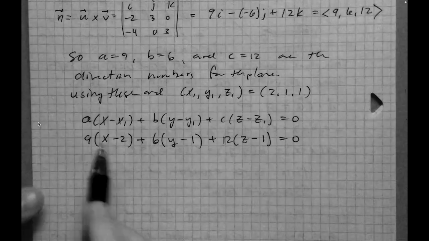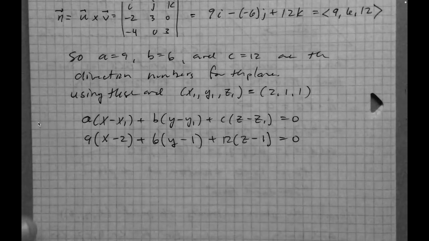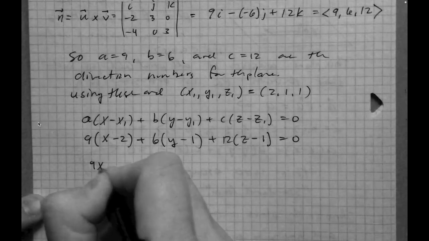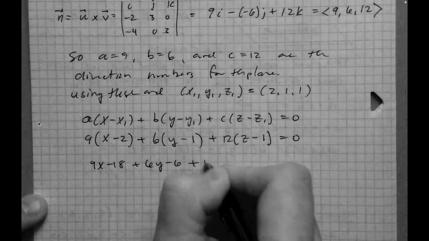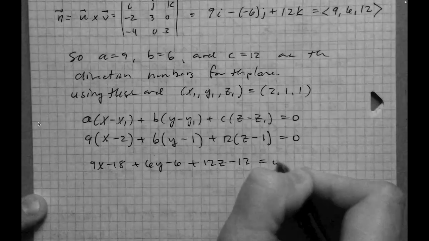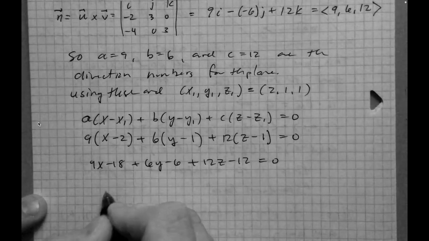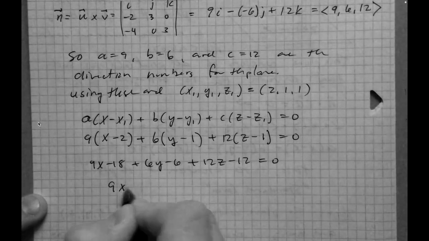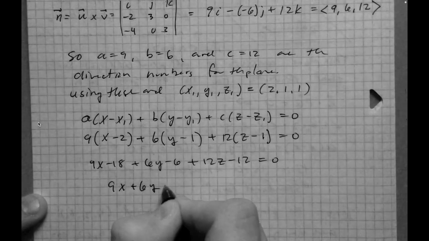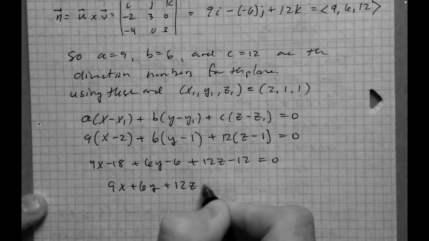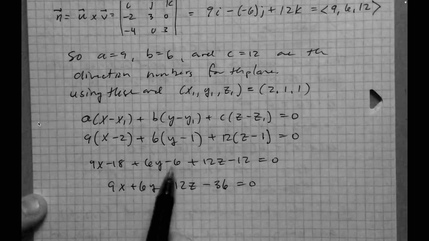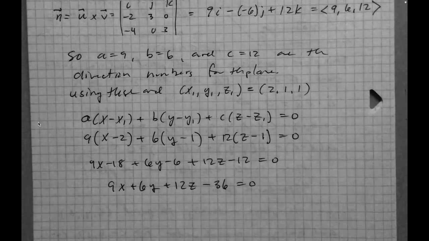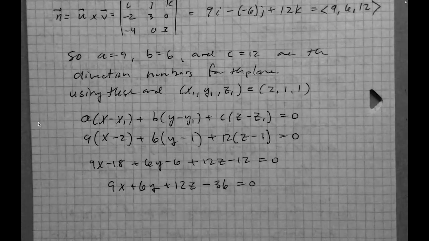Okay, and then we can distribute and clean this up a little bit, so we get 9x minus 18 plus 6y minus 6 plus 12z minus 12 equals 0. And so we have 9x plus 6y plus 12z minus 36 equals 0. Adding negative 18, 6, and 12, we get negative 36.